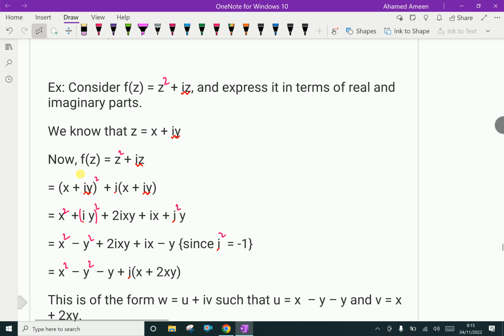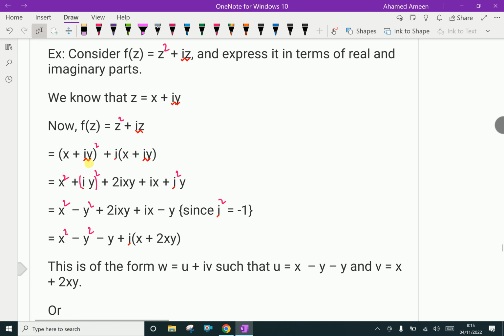Now for the given function f of z equals z squared plus iz, we substitute z equals x plus iy: (x plus iy) whole squared plus i times (x plus iy). Expand this: (a plus b) whole squared is a squared plus b squared plus 2ab, that is x squared plus (iy) squared plus 2ixy.